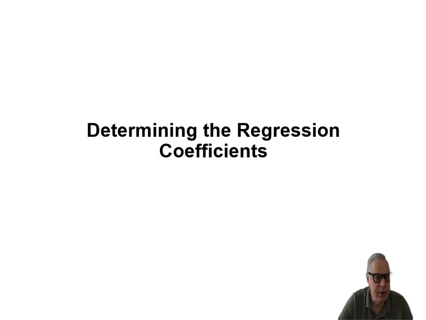Okay, so in this video I want to show you how to determine the regression coefficients in some general mathematical form. We have seen that in the previous example, the bivariate regression yielded an intercept of 3 and a slope coefficient of b.